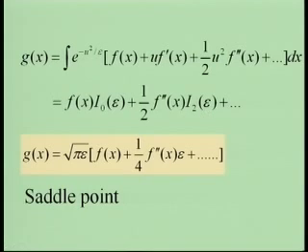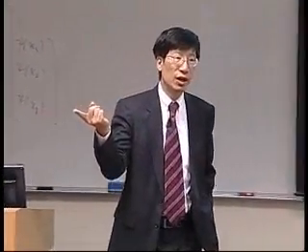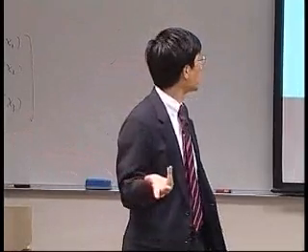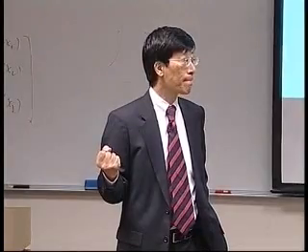And now, using my previous result on what I0 and I2 are, I have an overall factor of square root of pi epsilon, times f of x plus 1/4 f double prime of x epsilon, and so on. So the square bracket, as you can easily see, will be a power series in powers of epsilon, of which I have shown just the first 2 powers. Is that okay?